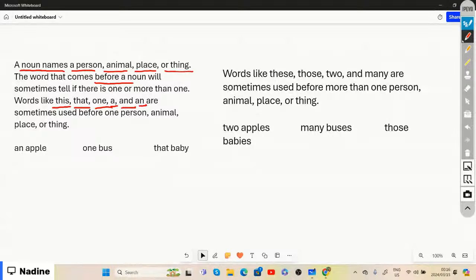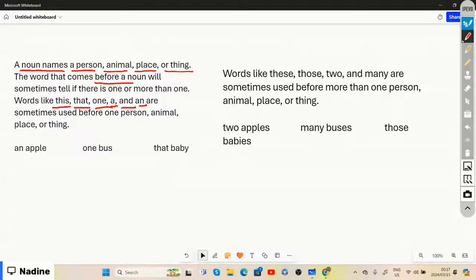Usually you will have words like one or two, and that will give you an indication that we're referring to either one thing or more than one thing. But sometimes it's not just going to be numbers in front of a specific word that will tell you if it refers to one noun or more than one noun.